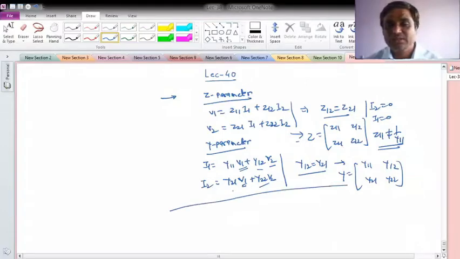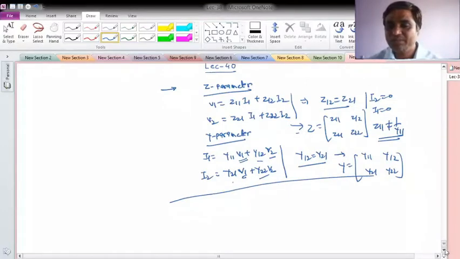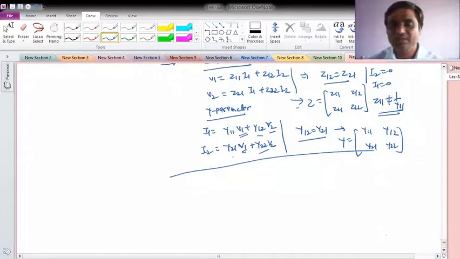Then next we have seen the transmission parameters. This is applicable when I have a transmission system; I divide it into a cascaded form, and we obtain the overall ABCD parameters just by multiplying the ABCD parameters of the individual subsystems. In this case V1 and I1 are the dependent variables, and V2 and I2 are the independent variables.